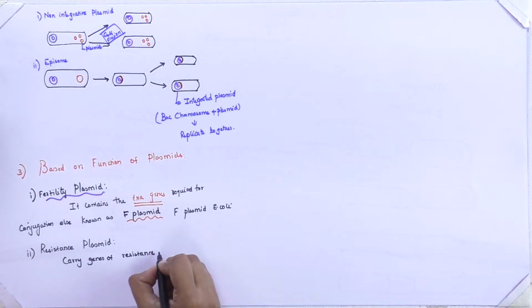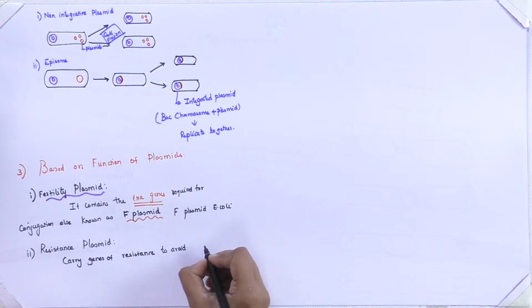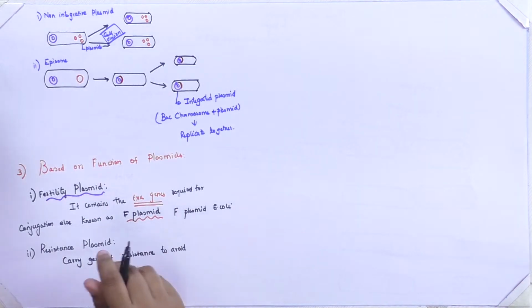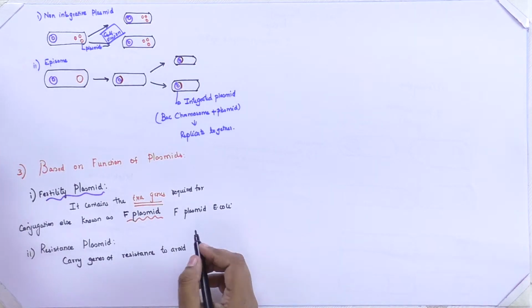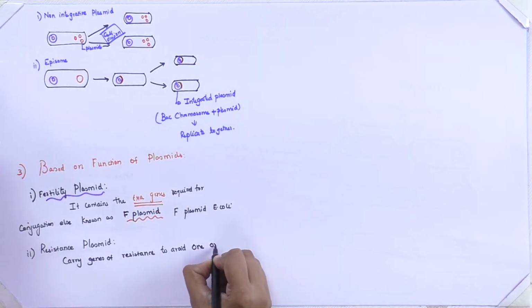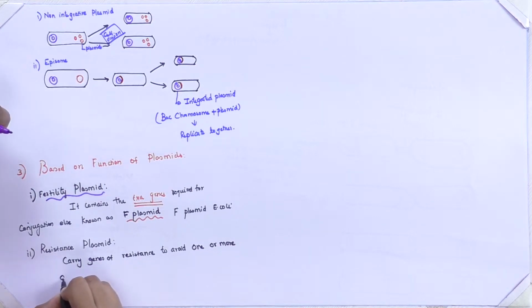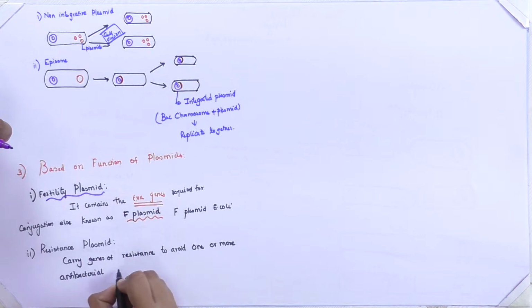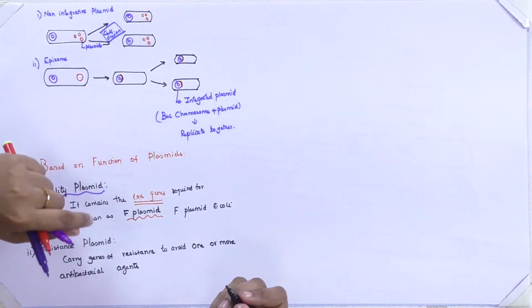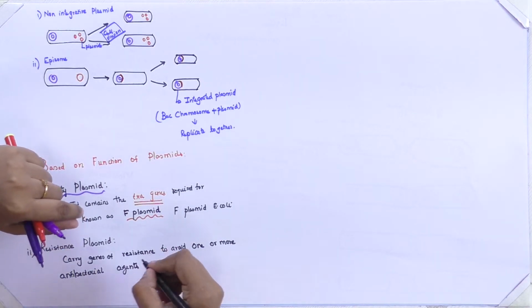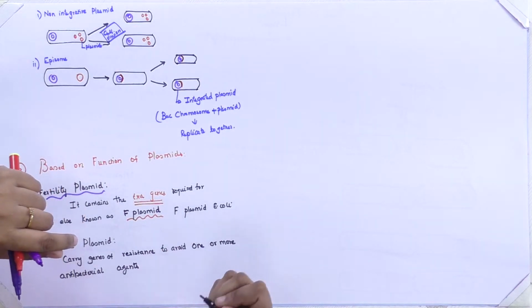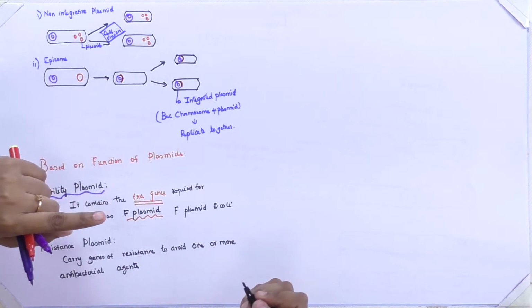These genes are resistant to one or more antibacterial agents. So if you want to kill a microorganism, you add some antibacterial agents. The plasmid with the resistance genes is going to inhibit the activity of those antibacterial agents.